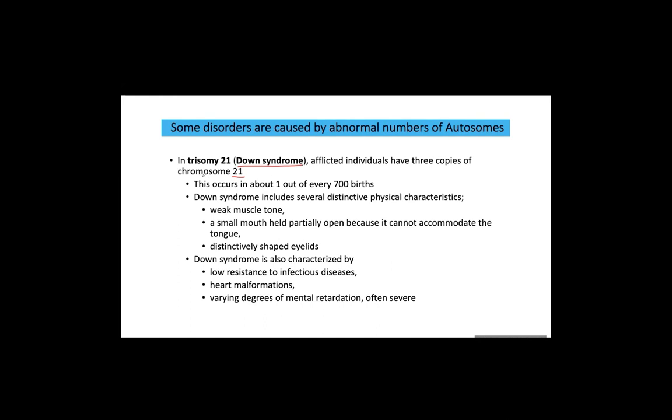But on chromosome 21, there are 3 chromosomes, not 2 chromosomes. Okay, we call that trisomy, 3 chromosomes at chromosome 21. In other words, Down syndrome.